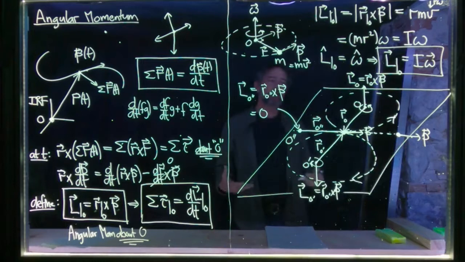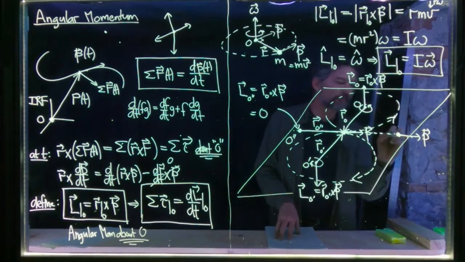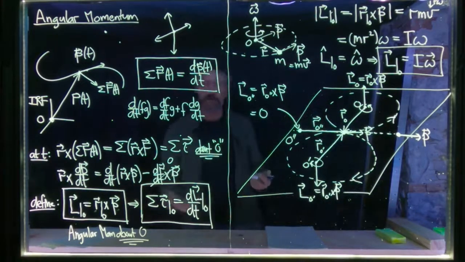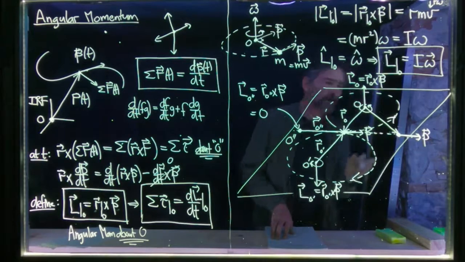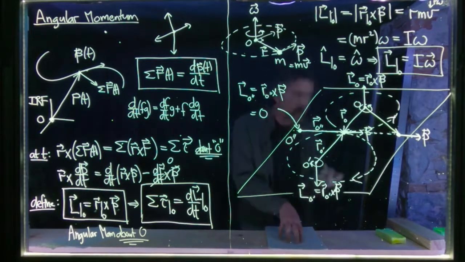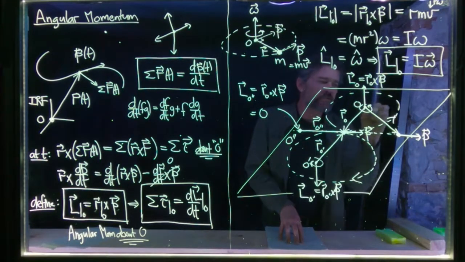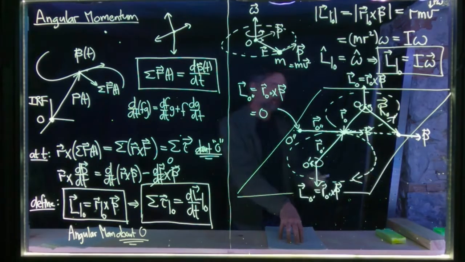Let's evaluate the angular momentum of this object at that point with momentum p about that same point. How do we do it? r cross p. The r now is a vector pointing from that origin to the location of the object at that instant of time. Instead of little r0, let's just call it capital R0, just to have a different letter.